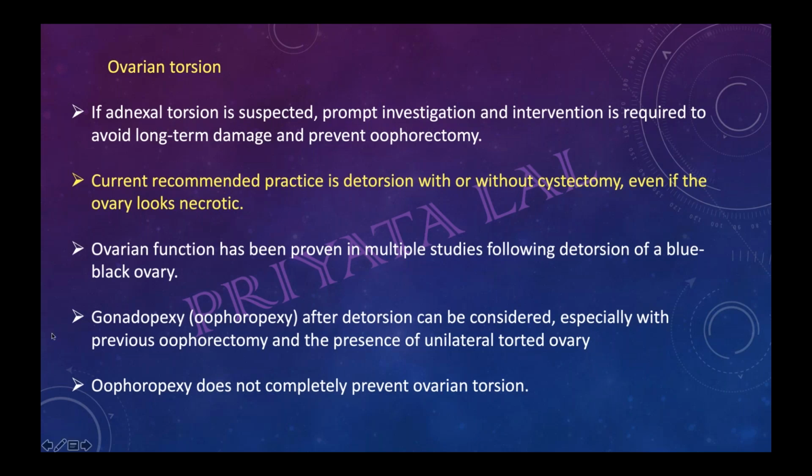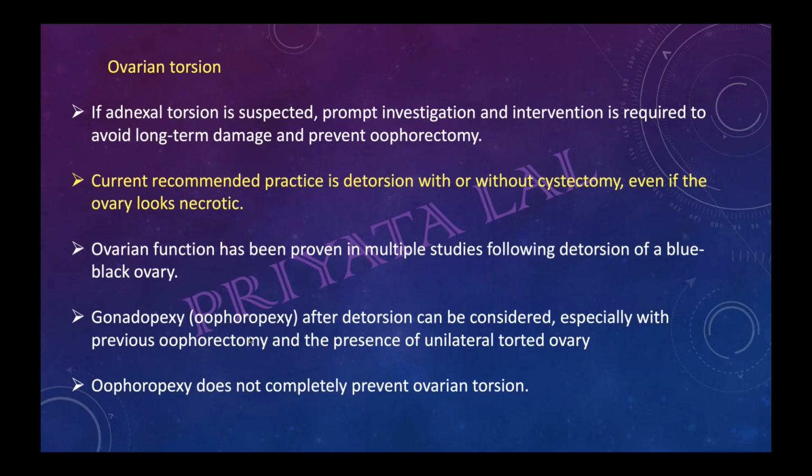Apart from this, after detorsion, gonadopexy is usually done, especially if there is a previous oophorectomy history. What is this? Usually they will put some stitches on the ovary to somewhere on the abdominal wall or on the round ligament, so that they will fix it.